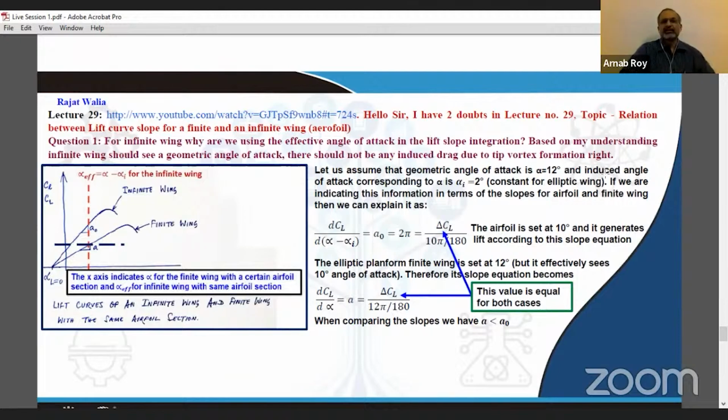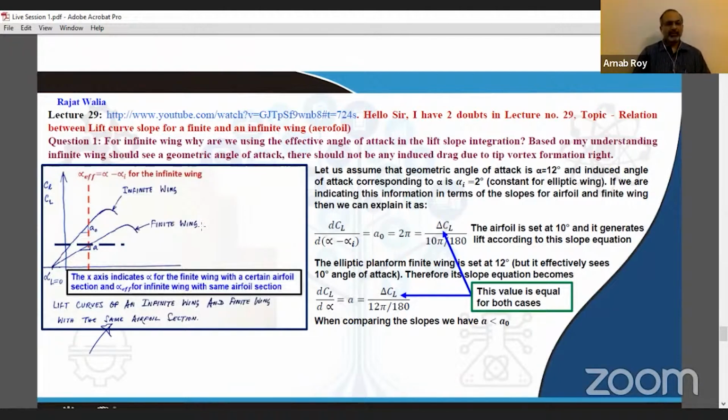Well, it's a very nice question, and let me try to address it this way. Let's have the diagram here, which we had used in the lecture, which is trying to show the lift versus angle of attack for the two situations. One is the infinite wing, another is a finite wing. But when we mark the x-axis, we have to be a little careful.